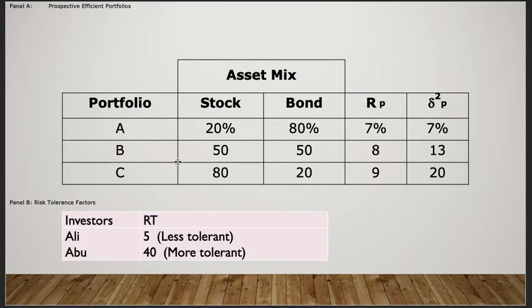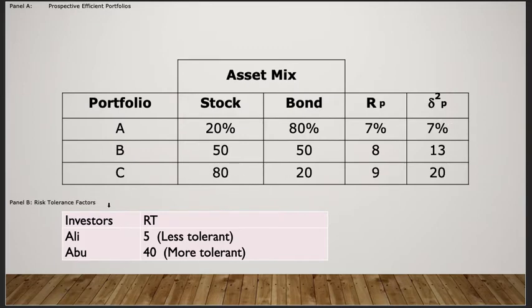Portfolio B consists of 50% stock and 50% bond, and it has an 8% return and the variance is about 13%. Portfolio C consists of 80% stock and 20% bond. The return of the portfolio would be 9%, and the variance is quite high because investment in stock is high risk. That's why the variance of portfolio C is 20%, much higher compared to portfolios A and B.